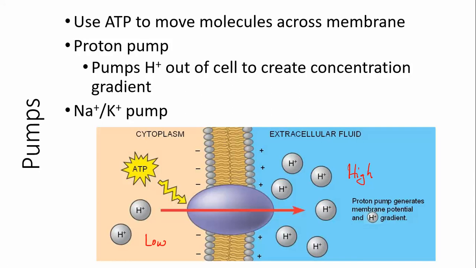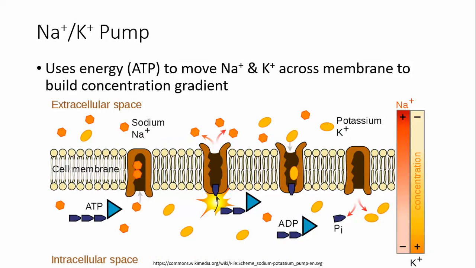You also have the sodium potassium pump, which you may have looked at briefly in freshman bio. Let's look at it in more detail now. The function of the sodium potassium pump is to build a concentration gradient. What it is doing is making sure that you have a high concentration of sodium on the outside and a low concentration of sodium on the inside.